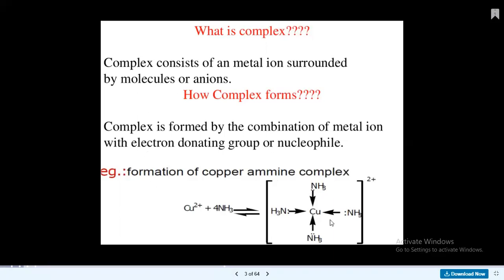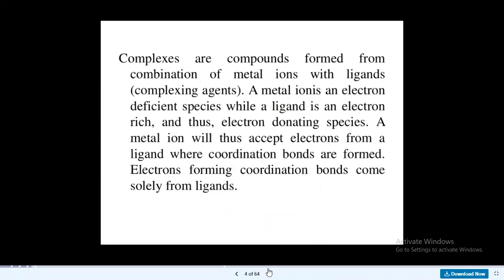Similarly here, the copper ion is surrounded by 3 or 4 different ligands. This is the formation of the copper complex. Two important things are the complexing agent, the ligand, and the metal ion. Now, complexes are compounds formed by the combination of metal ions with ligands.